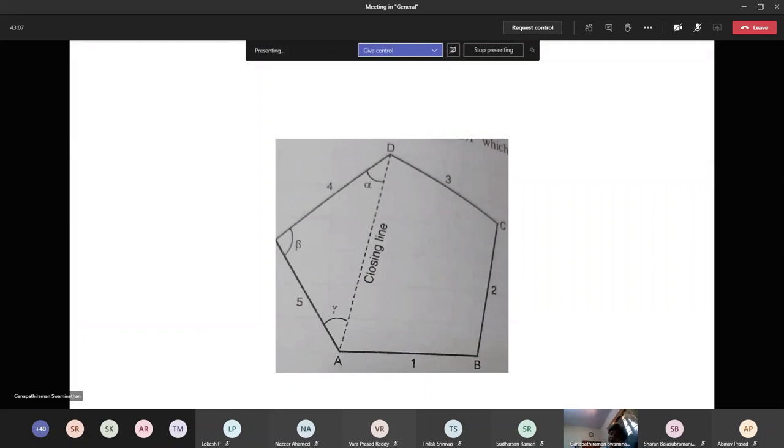What can I find out here? I can find out angle alpha, because I know the bearing of DE and I know the bearing of DA, so I can find out the included angle alpha. Is it not? Alright. So I know the bearing of AD. What is the bearing of AD?